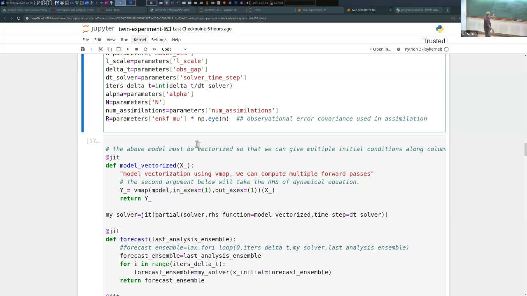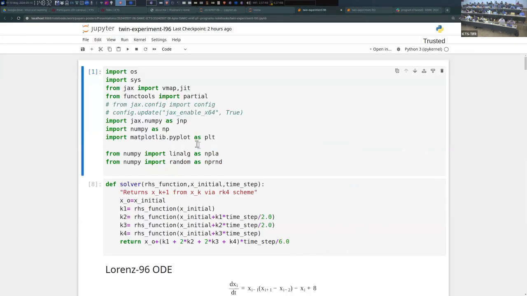The theoretical understanding is clear: you want to keep increasing the inflation, the covariances to be non-zero or finite, and that's one bit. The second bit, to talk about that, okay, so maybe I will, sorry, I made a choice. I will run the notebook first, and then I will talk about the theory, the stability, and so on later. Okay, where is the notebook? The L96, the Lorenz 96 equations.